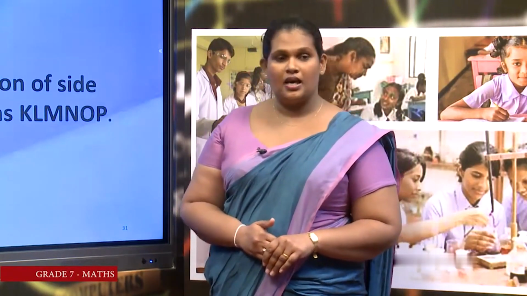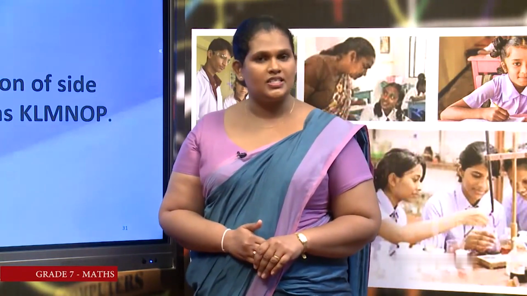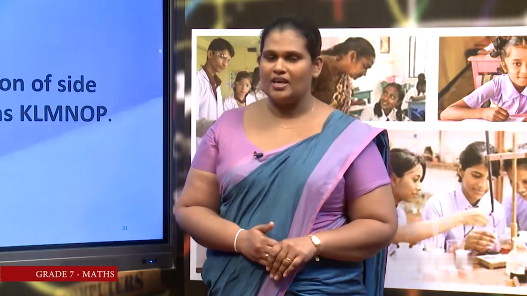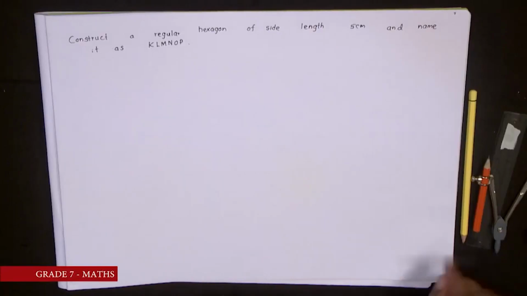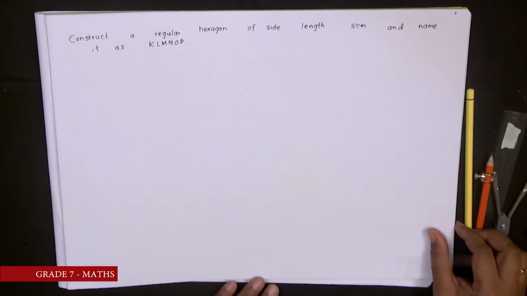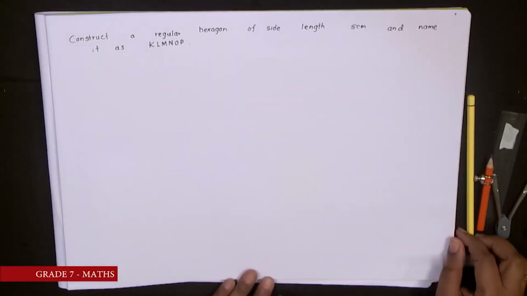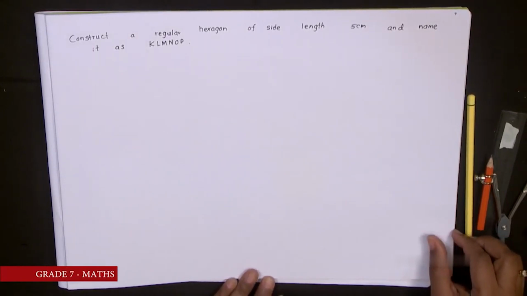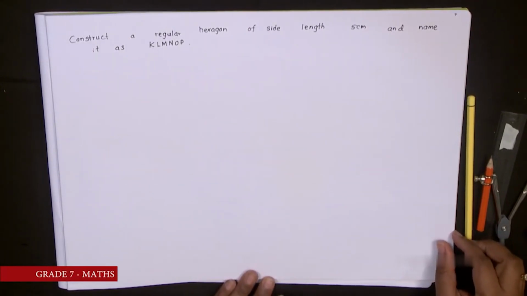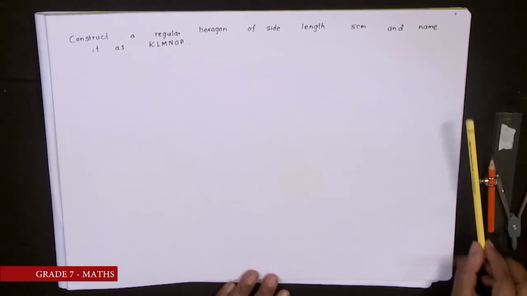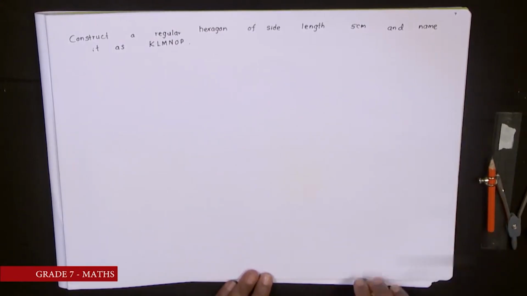Right. Now, let's move on to the construction of the regular hexagon. Right. Now, we are going to construct a regular hexagon of side length 5 centimeters and then we have to name it as KLMNOP. Right. But now we are going to use a different method to construct this regular hexagon.